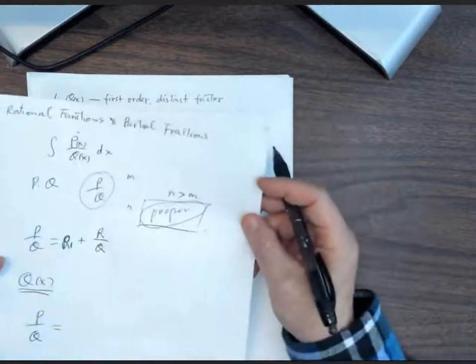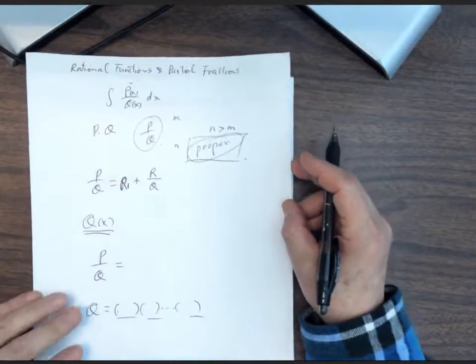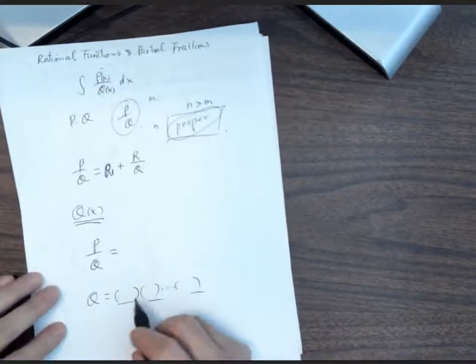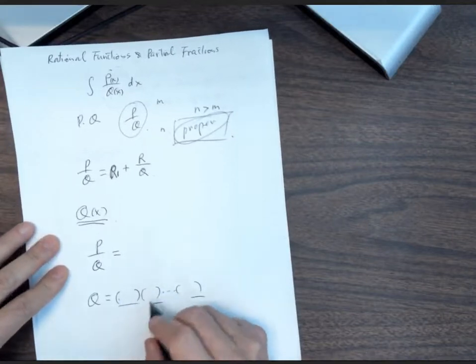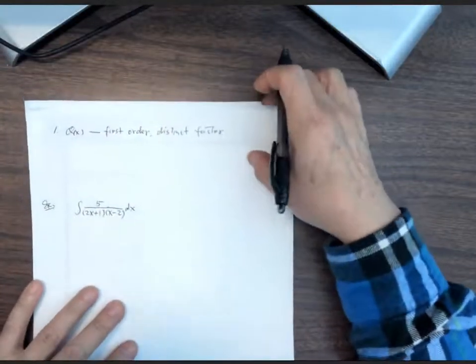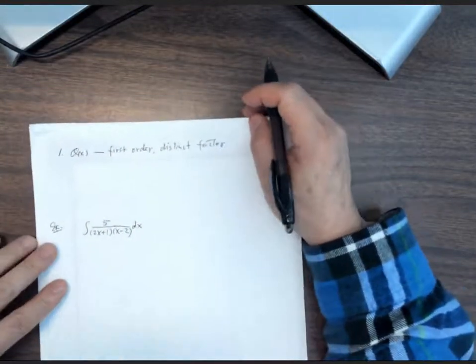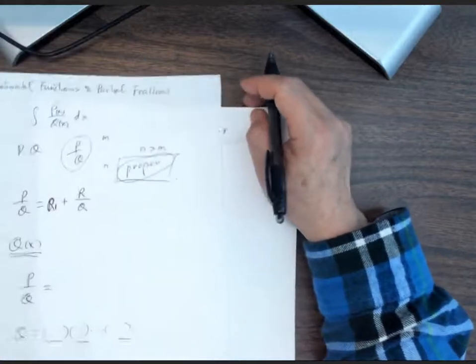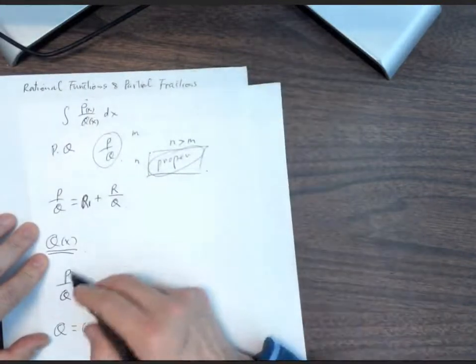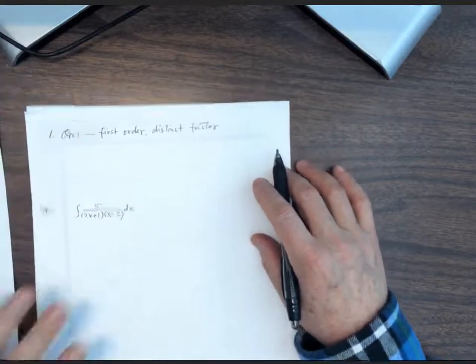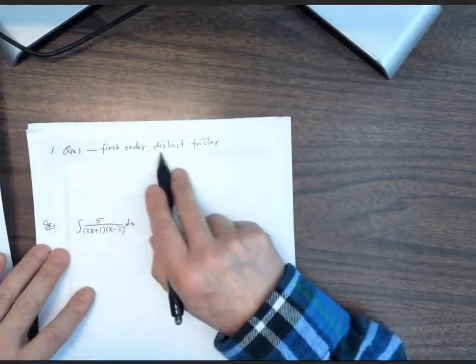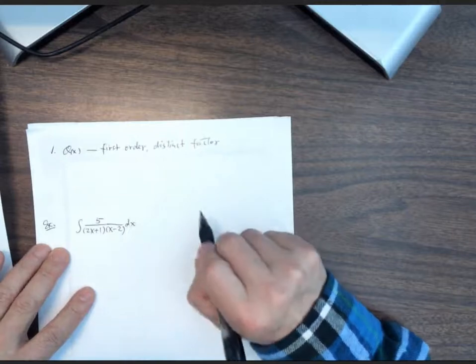Now, we divide all the cases into 4. First, let's see how we decompose a fraction when Q contains distinct first order factors.